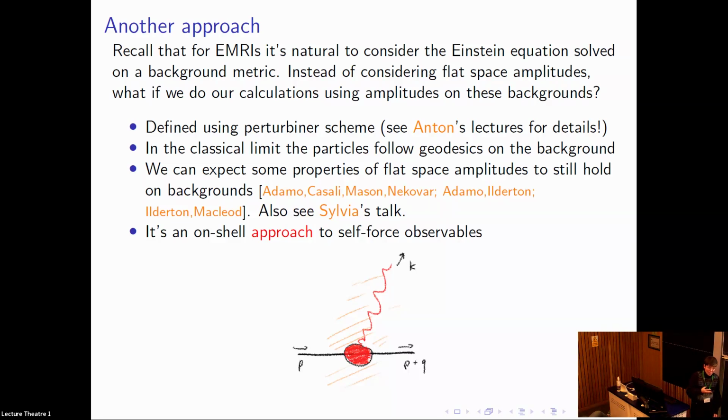And in the classical limit, these particles are going to follow some geodesics on the background. And we can expect some properties of flat space amplitudes to still hold for these amplitudes on backgrounds, for example the double copy and some analytical properties. And also Sylvia talked about these things also holding for AdS and dS in the self-dual sector. And last of all, I think it's a natural way to approach looking at self-force observables.